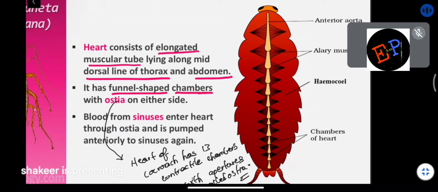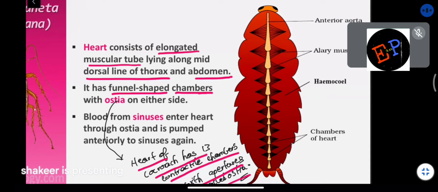Funnel shaped chambers with ostia on either side. Ostia means small holes, small openings, small porous apertures. So the heart of a cockroach has 13 contractile chambers with apertures called ostia. How many chambers are present in the heart of a cockroach? 13 chambers are present, and each chamber has openings called ostia.